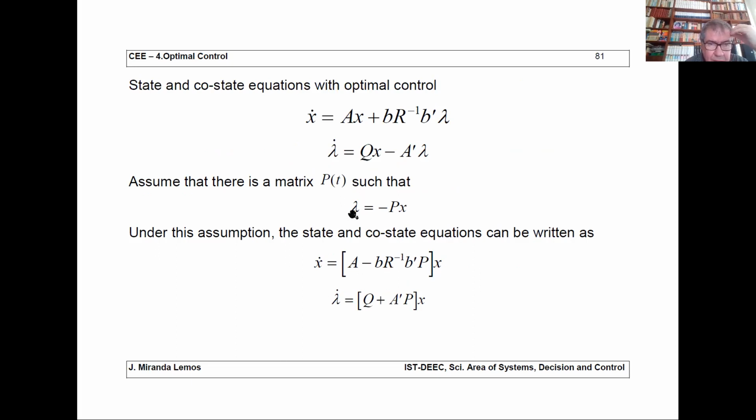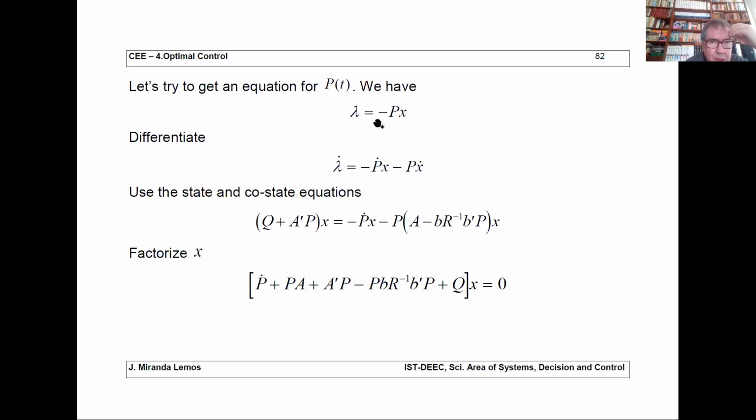On the other way, I will differentiate this, so I get lambda dot equals minus Px dot. I'm assuming here that P can change. So when I differentiate Px, there is this term here.